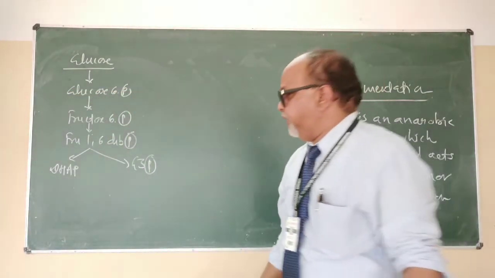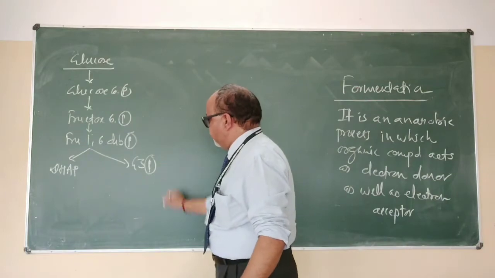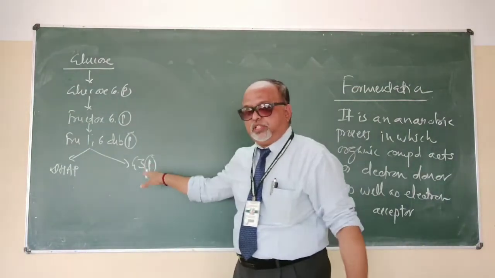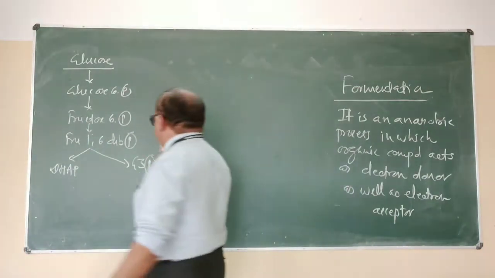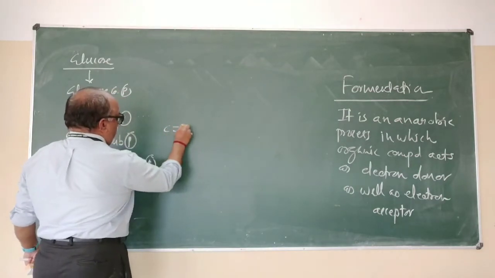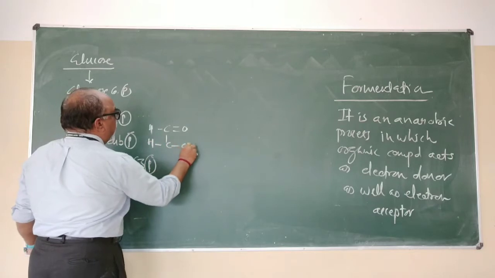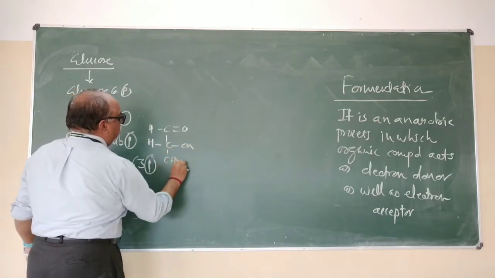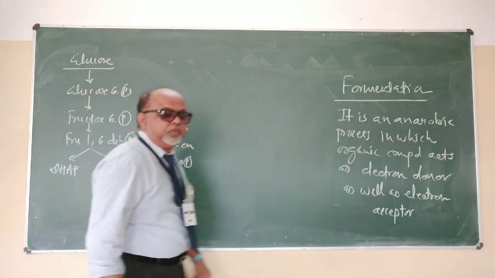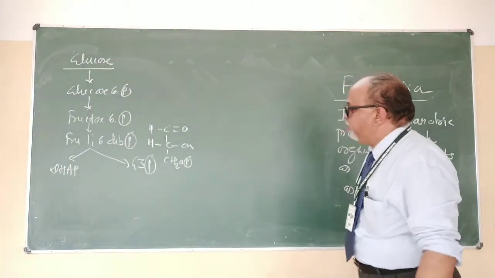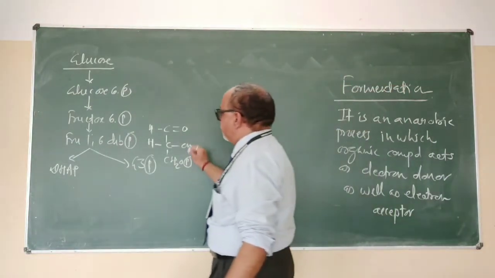Now I will draw the structure of glyceraldehyde 3-phosphate: C double bond O, H, H C OH, and CH2OP. This is glyceraldehyde 3-phosphate.